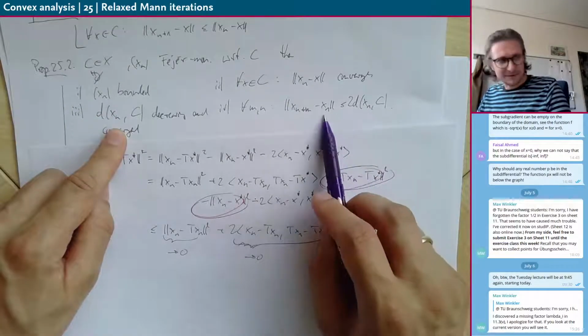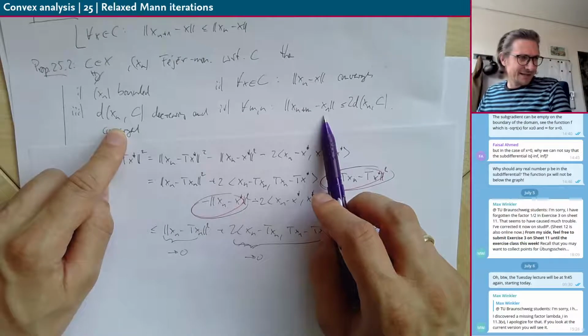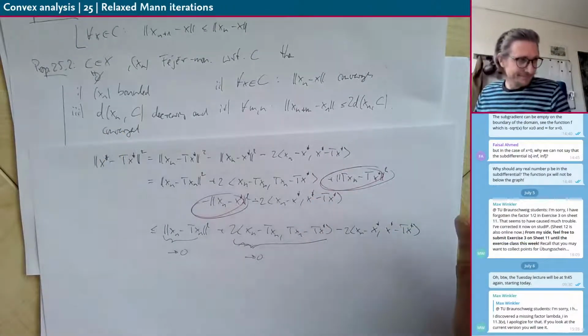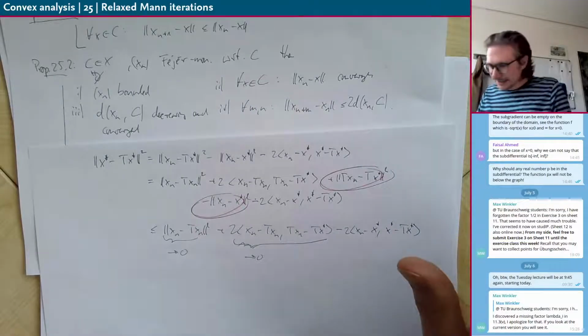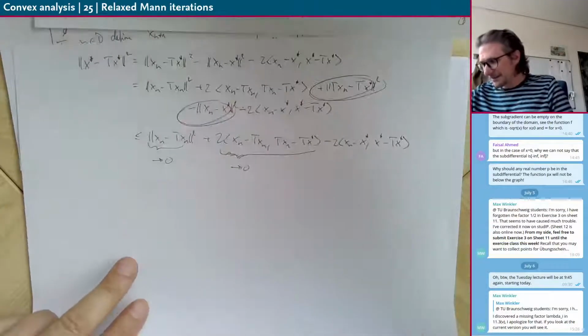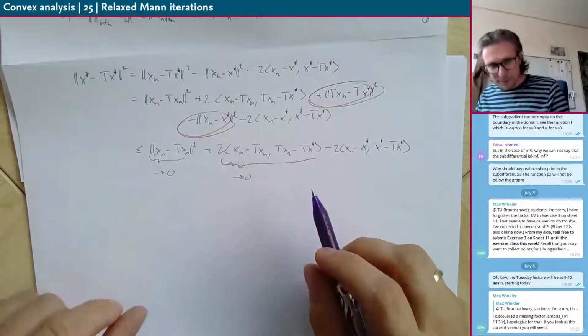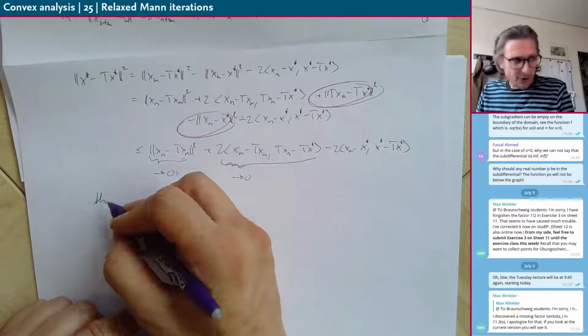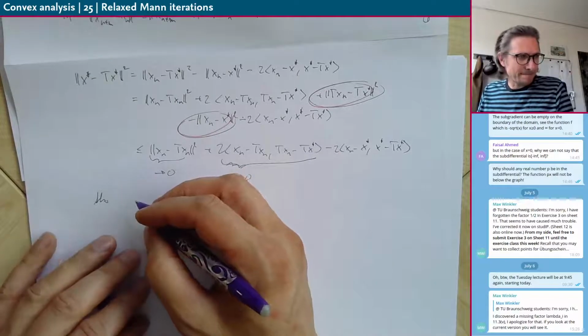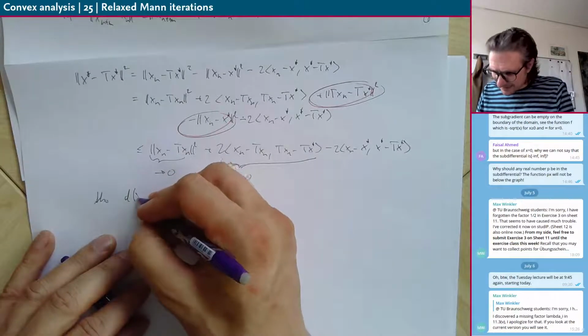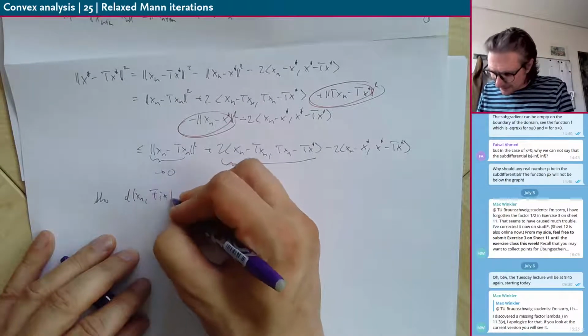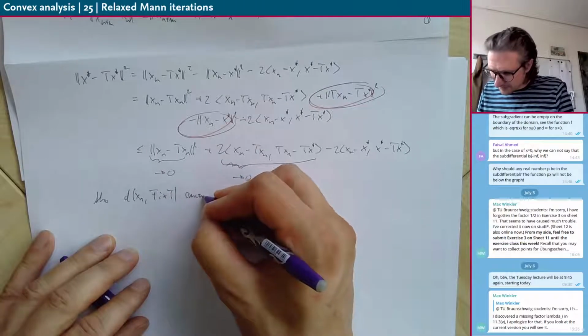Yeah, it's a little bit different, so let me try once again. So what we already have. Also, we know that d(xn, Fix T) converges.